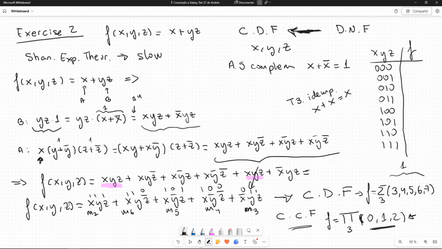So we are going to have a 0 in the 0, in the 1, and in the 2, and 1s in all the rest of the combinations. But we can also look at the canonical disjunctive form, in which we have the minterms in which the function is 1: the 3, the 4, the 5, the 6, and the 7.